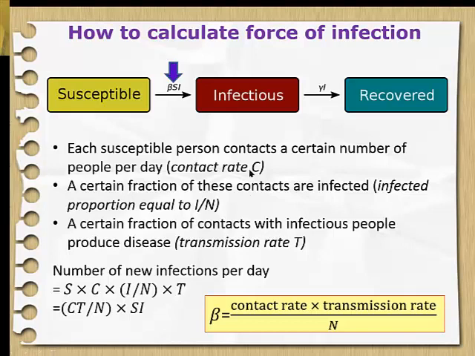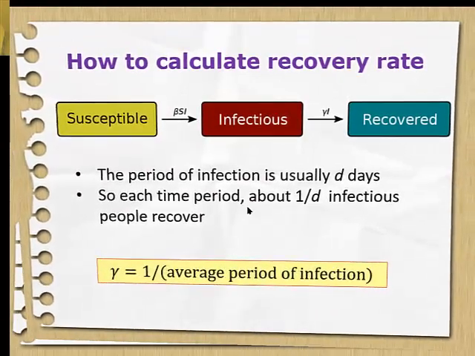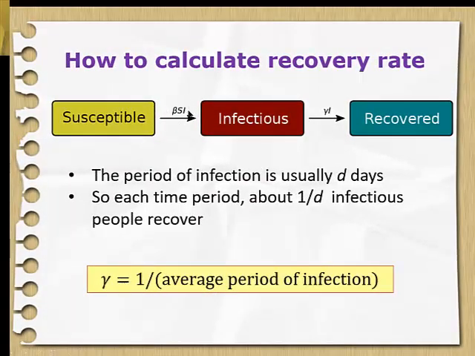So that's C times I over N times T. That's why I have here contact rate times transmission rate divided by N. It gives me my beta. So the number of new infections is going to be S times the contact rate times infectious over N times T, which I can group these 3 parameters together, and that will form my beta. All right, that's how to compute this force of infection.